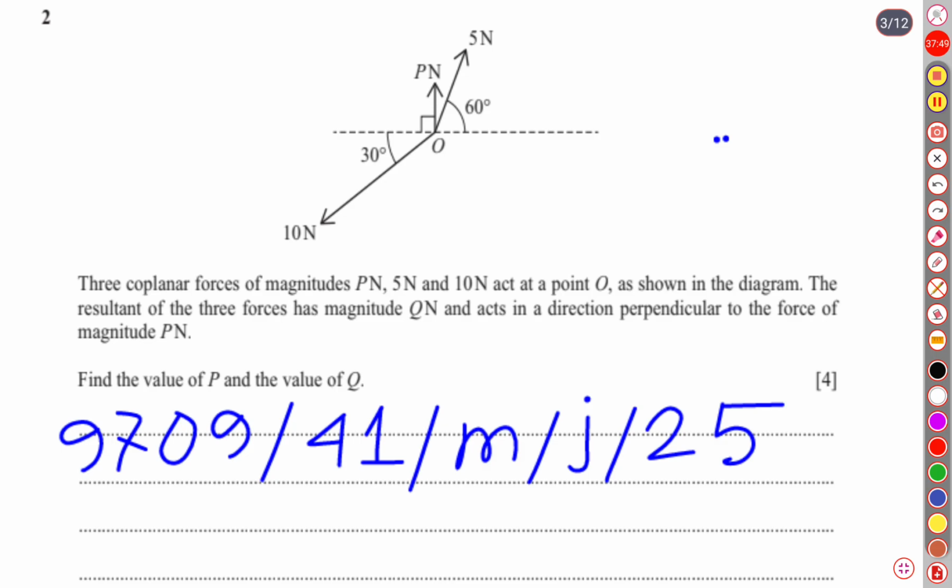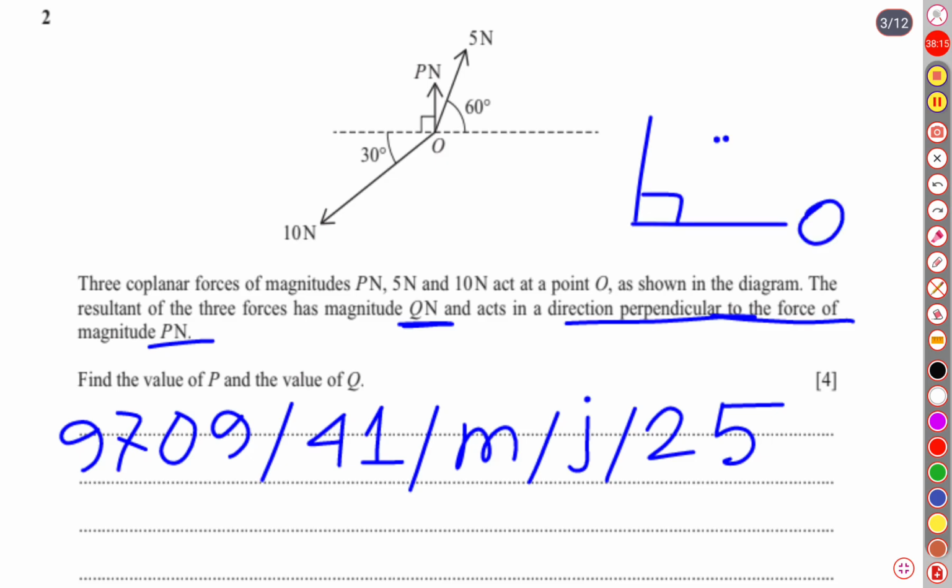So actually there is a twist in the question. Look, directly they didn't mention the resultant force. They have written that the resultant force of magnitude Q Newton acts in the direction perpendicular to the force of P Newton. So P is this one. If P is vertical, then Q will be over here.